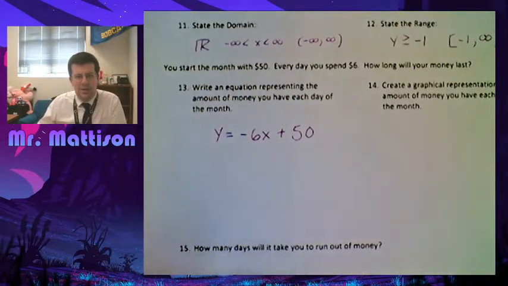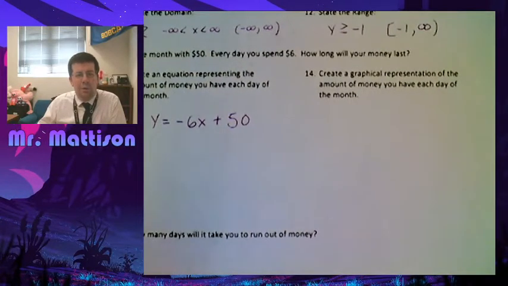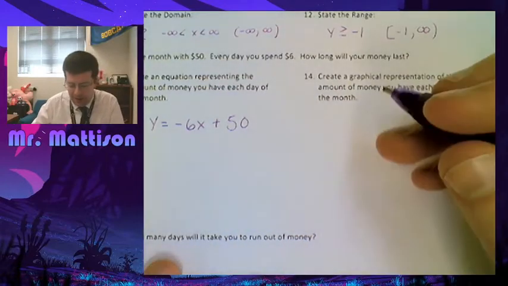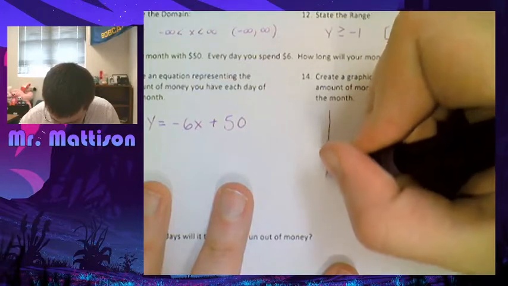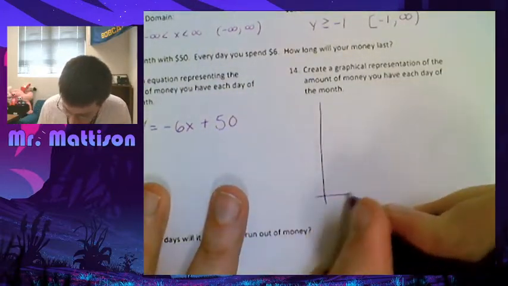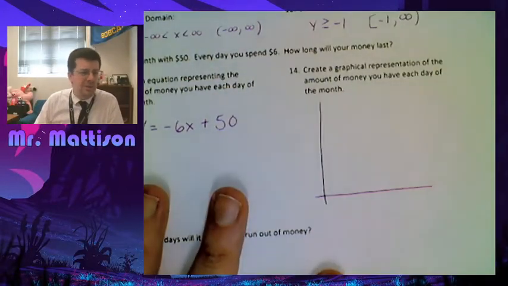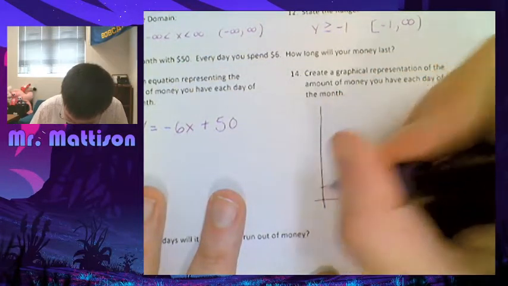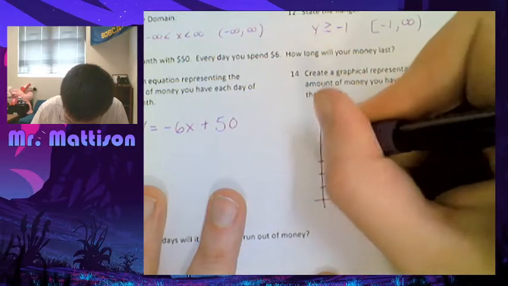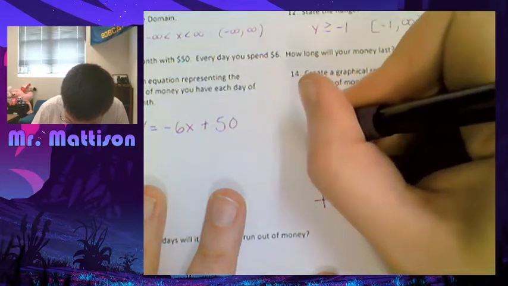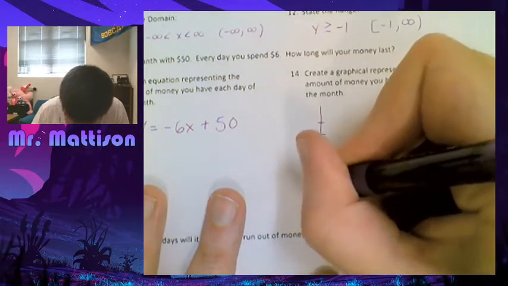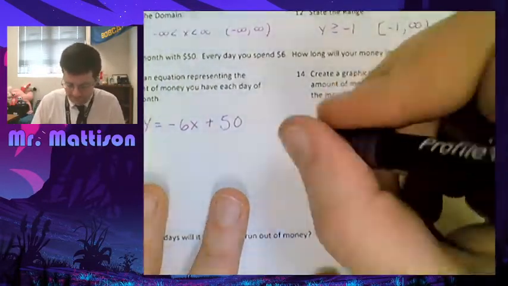Okay. So now let's create a graphical representation of that. Fancy way of saying, hey, let's graph this so that I can see how this is going to look. So if I do this, let's get an x and a y axis. I only really need the first quadrant because I'm only going to be dealing with positive values here. If I do 10, 20, 30, 40, 50, 60, make sure we label things so that we know what units we are in.